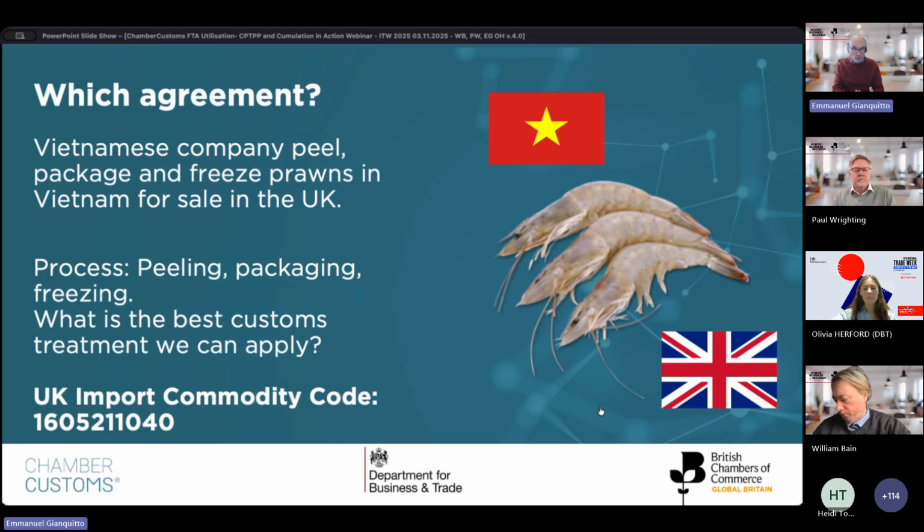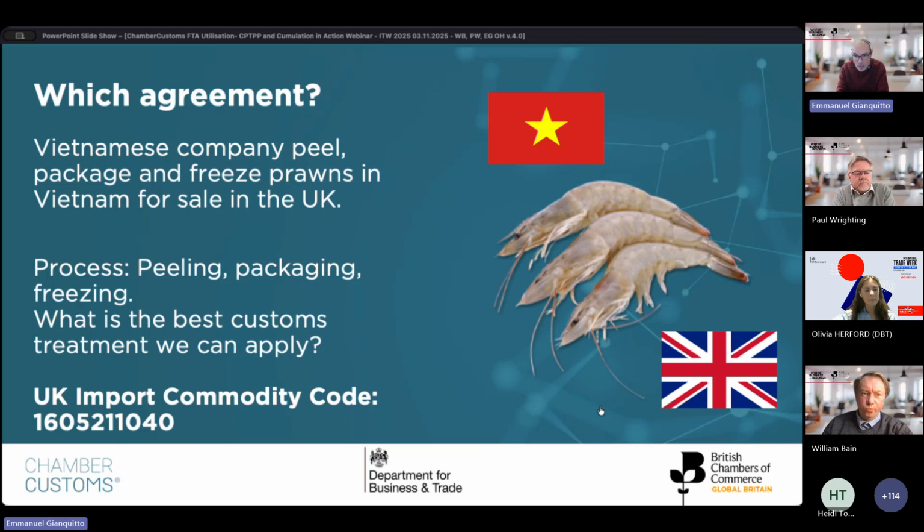A company picks up Vietnamese prawns. The prawns are peeled, packaged, and frozen in Vietnam for sale in the UK. So the process is peeling, packaging, and freezing.